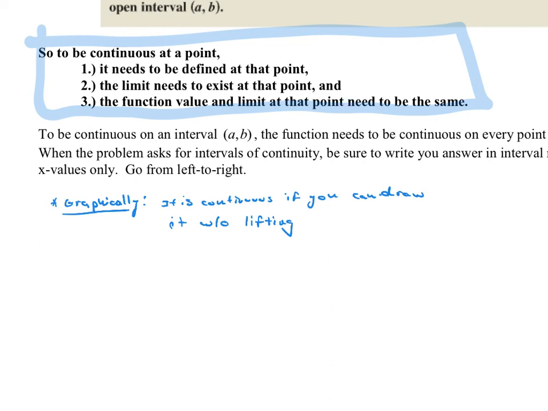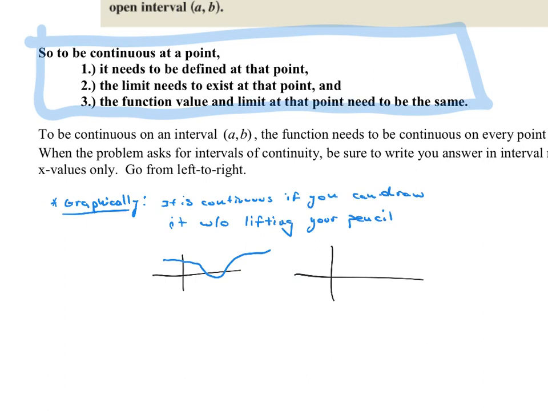Again, it is continuous if you can draw it without lifting your pencil or pen. Okay? So an example of what a continuous function would look like is something like this, where it's just a function, but you drew it without lifting your pencil.